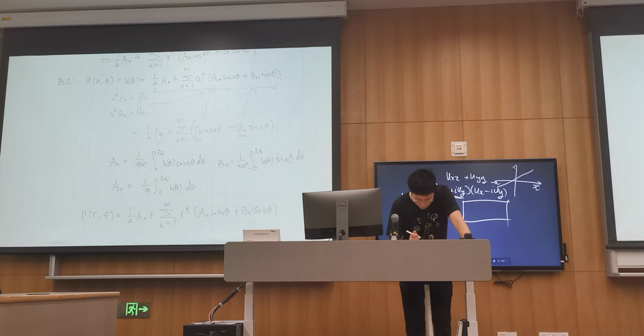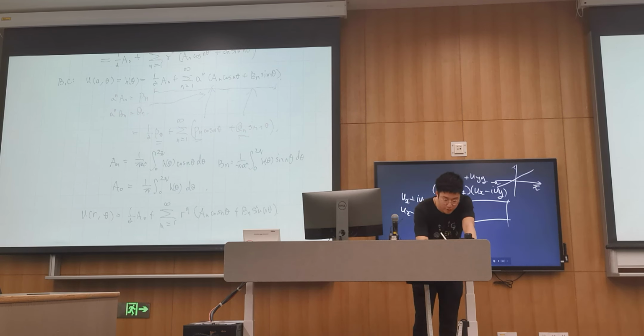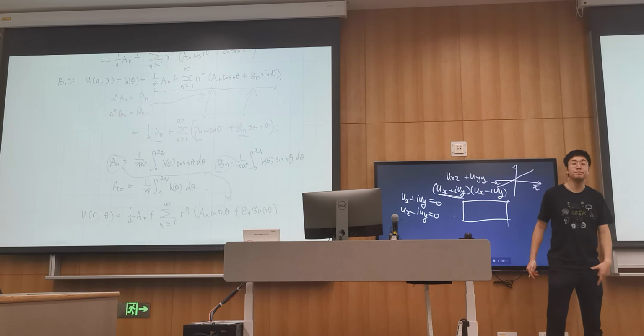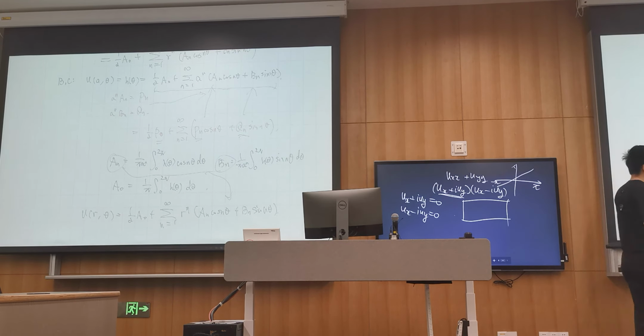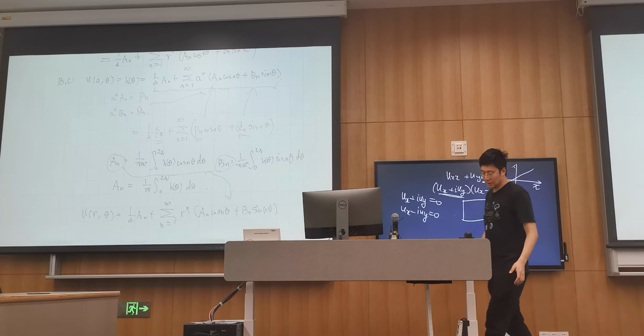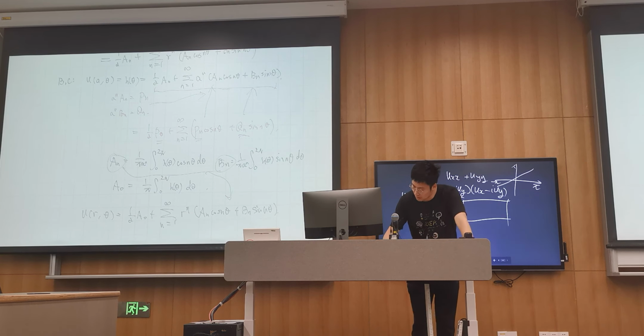Don't forget, we already know what a and b are, so just plug them in, because it's the a and b that contain the information of the boundary, but nowhere else.